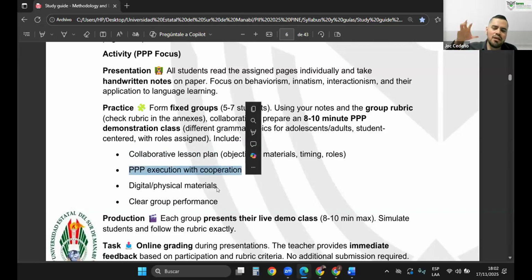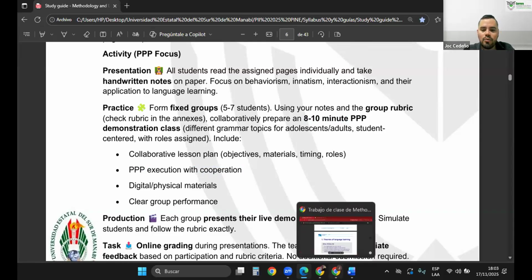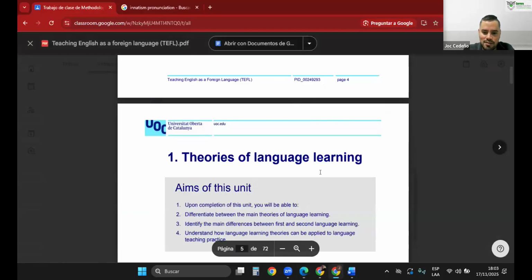Maybe there can be 3 or 4 teachers and then 2 students. You need to distribute this activity and remember that the time limit is 8 to 10 minutes. Most importantly, you should apply what we have learned in these pages.